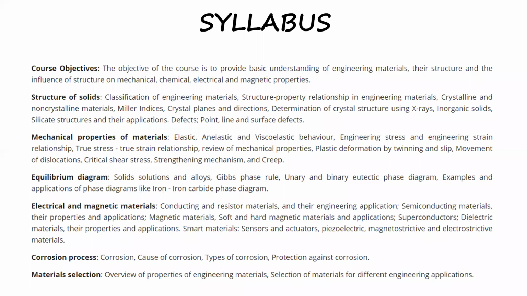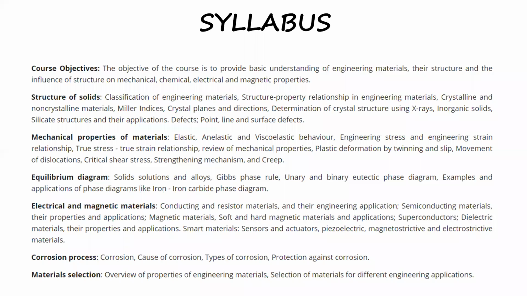Which materials? Not all the materials that exist in the universe. We will focus only on engineering materials. So, as I explained, structure will be one of the most important aspects of our discussion throughout this syllabus.